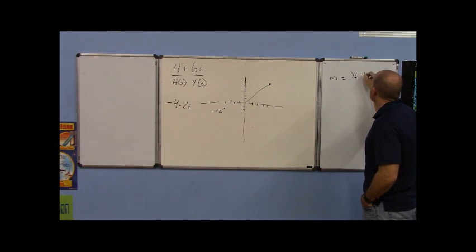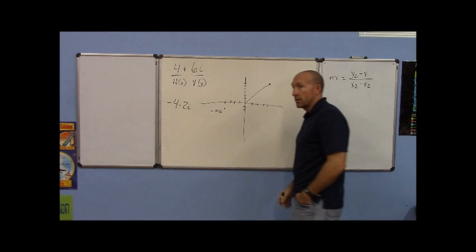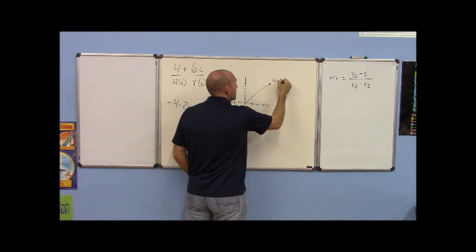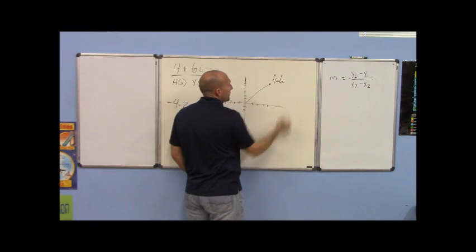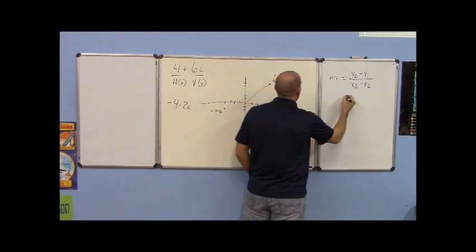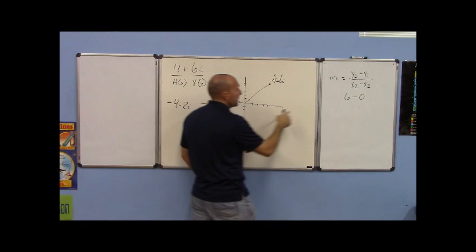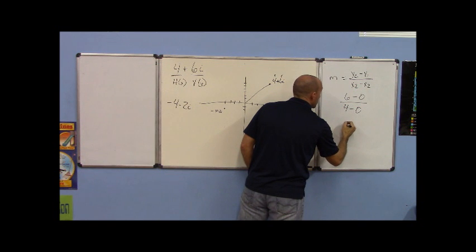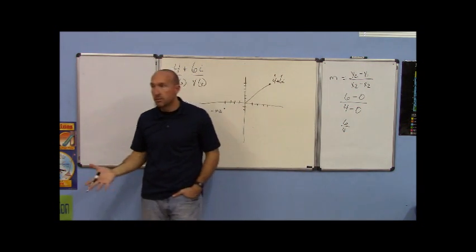Yep, the second y minus the first y coordinate, and so on. So with this one, we have 4 plus 6i. Here is your x value, that's your y value. So basically you have 6 minus 0, because of the origin being the other one, over 4 minus 0, which is 6/4, or 3 over 2, and that's the slope.